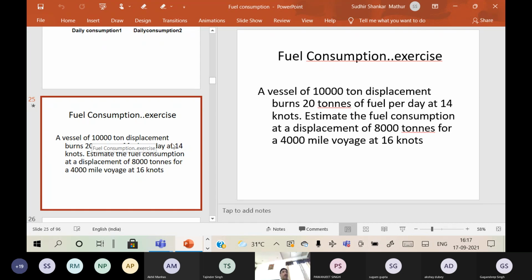So DC2 is DC1 into delta 2 by delta 1 raised to power 2 by 3 into V2 by V1 cube. Once we have the DC2, we have 4000 miles. So 4000 miles divided by 16 knots divided by 24 is the voyage days. Multiply by the daily consumption gives me the voyage consumption. So that is the method.